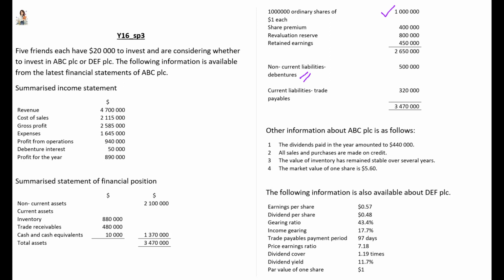There is no preference share capital. And then there are three reserves: share premium, revaluation reserve, and retained earnings. And we are given the total of the equity share capital and the reserves, that is $2,650,000.